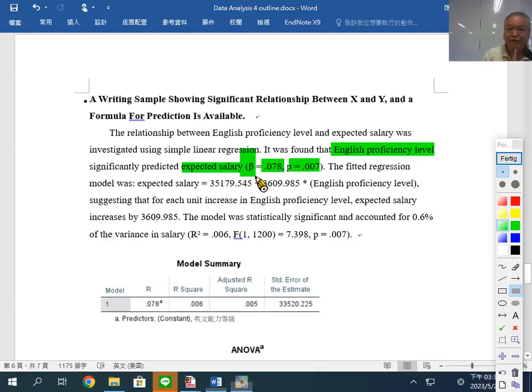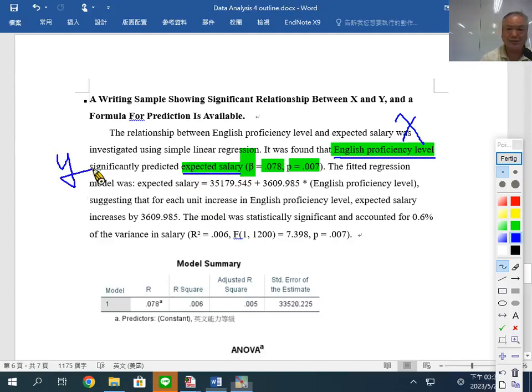Okay, so now let's understand what beta means. The beta refers to, now be careful, the change of one deviation of English proficiency level, because this is X, right? And this is Y, right?